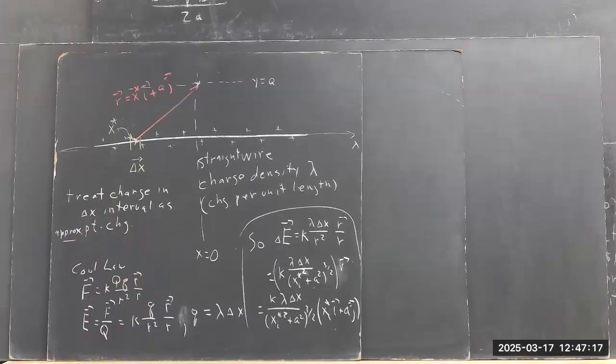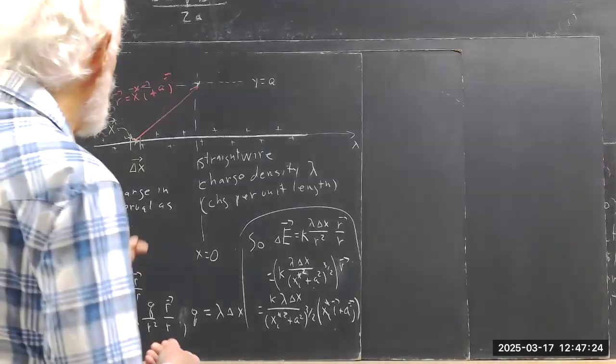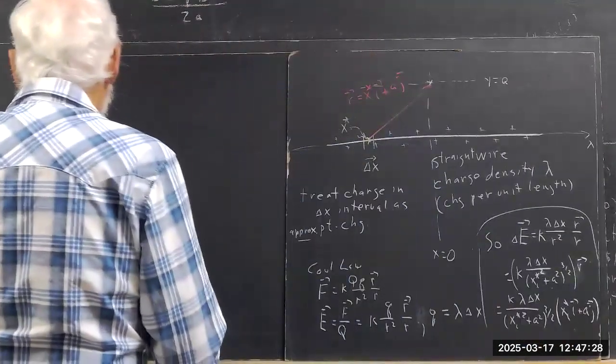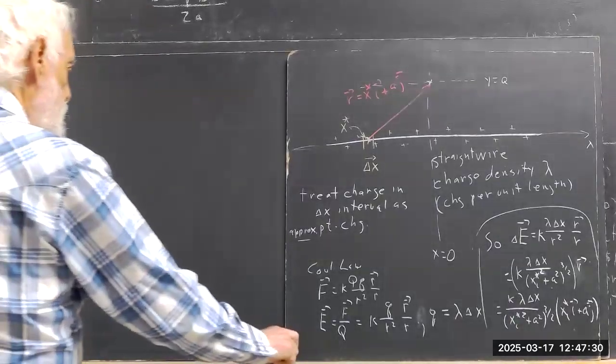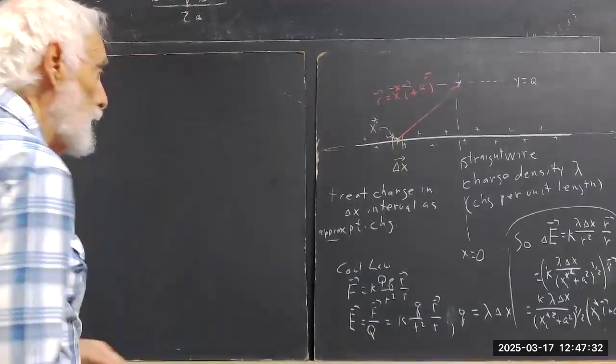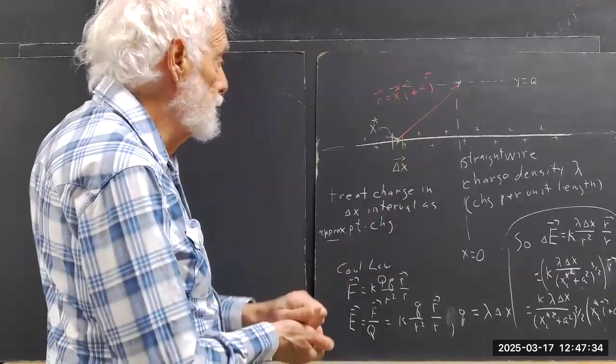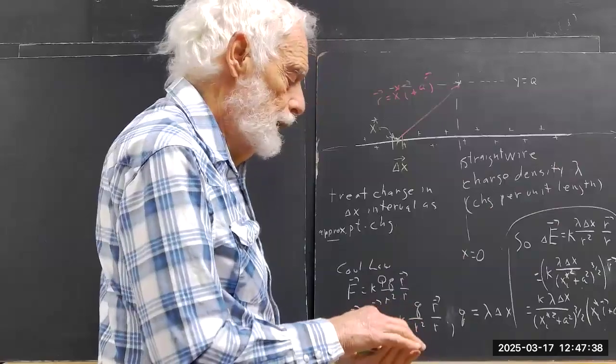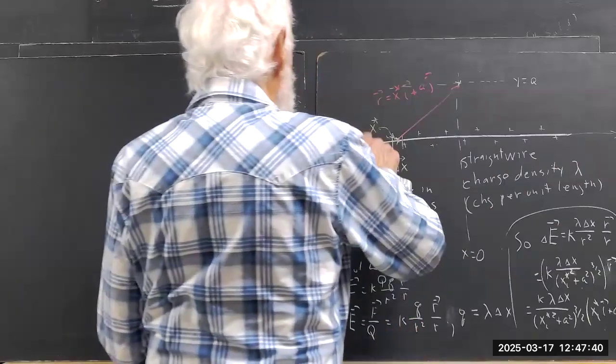Okay, well, the rest is trivial. Total field at this point is the sum of all the field contributions of all the x i increments.